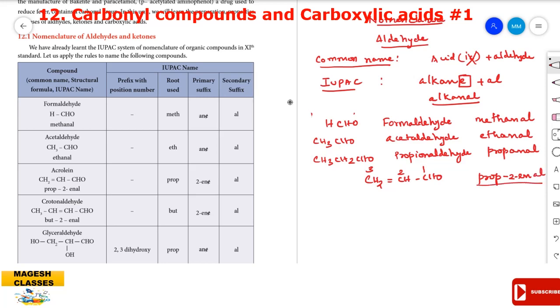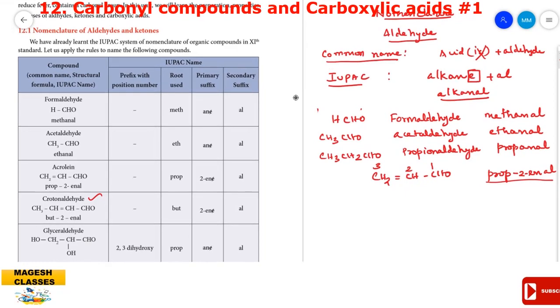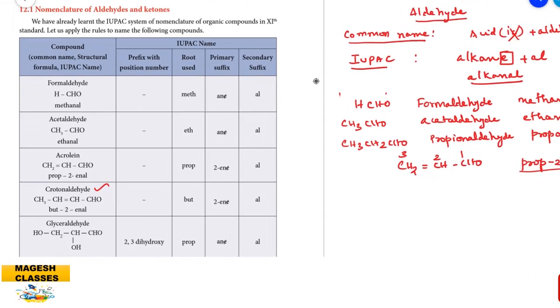So it is prop-2-enal, whatever it may be, it is acrolein. Then see crotonaldehyde, how it is named. Crotonaldehyde consists of a long chain of 1, 2, 3, 4. So but, the double bond is 2-ene and the suffix al. So it is but-2-enal.